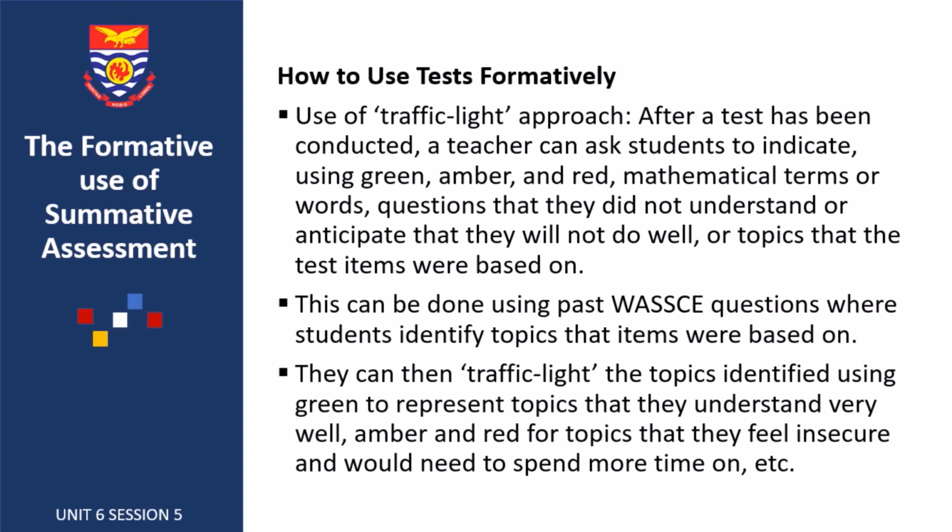This can be done using past specific questions where students identify topics that items were based on. They can then traffic light the topics identified using green to represent topics that they understand very well, amber, and red for topics that they feel insecure and will need to spend more time on, respectively. So read more about the traffic light approach in your course material.